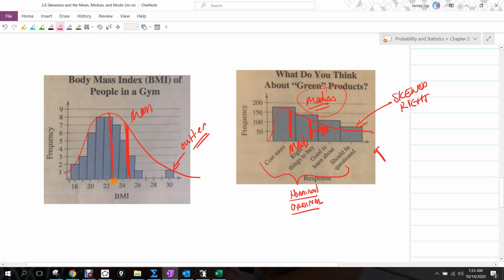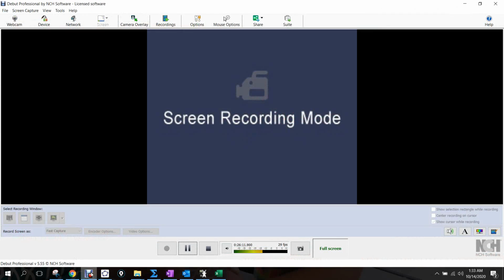The median will be there. And if there is a mode, the mode would be there. Because the mean was volatile to that outlier, was impacted by that outlier, in this case the median would be the best measure of center. Okay? Let's see what time we got here.